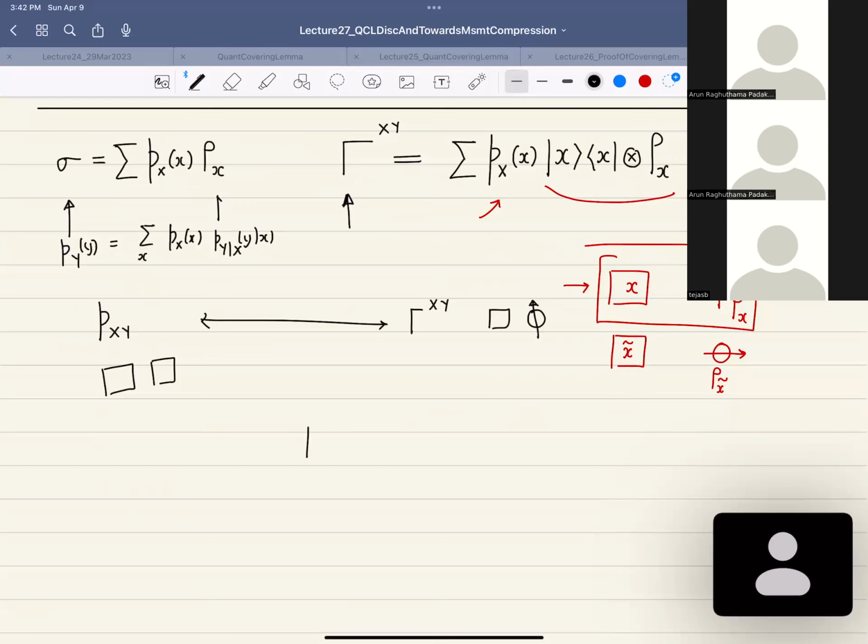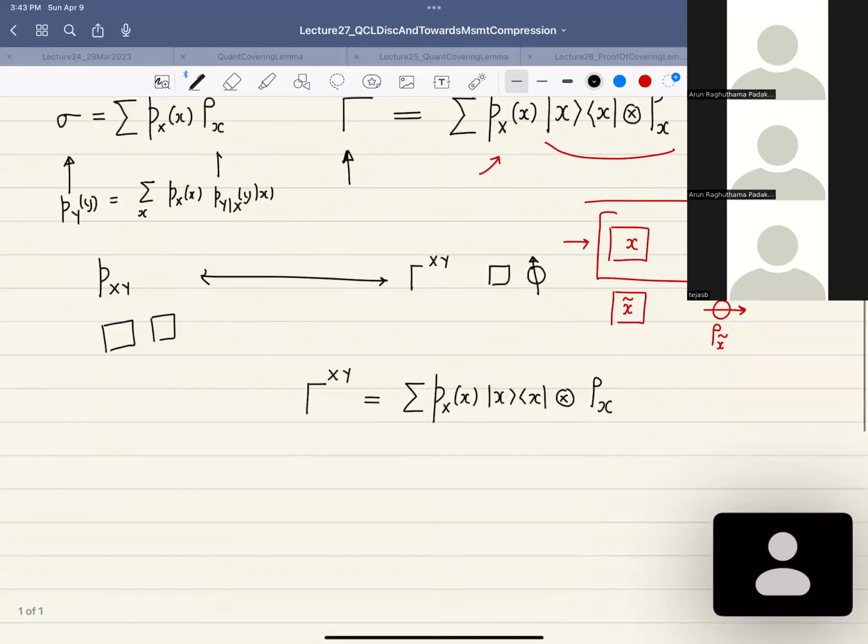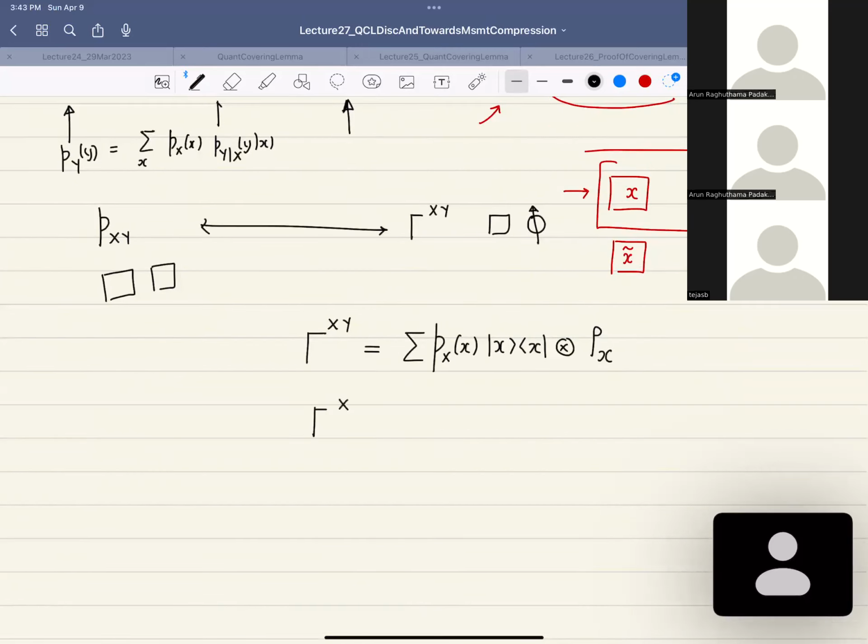So gamma xy, writing this once again, is the sum of px of x, outer product xx, tensor rho x. Let's compute the marginals, just as we would compute the marginals px and py. Gamma x is the trace over y of gamma xy, and you will get px of x.